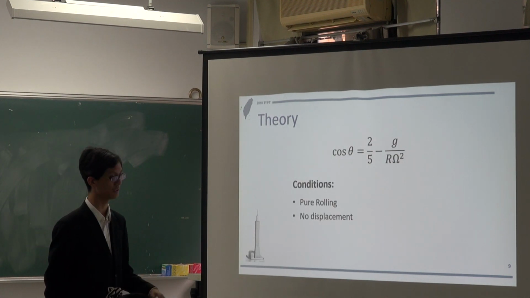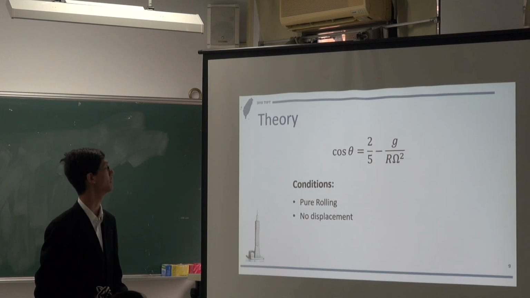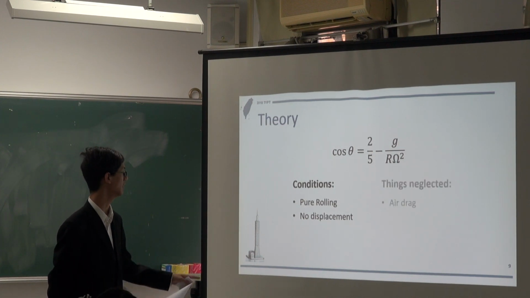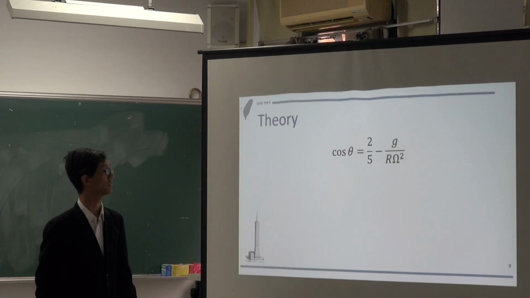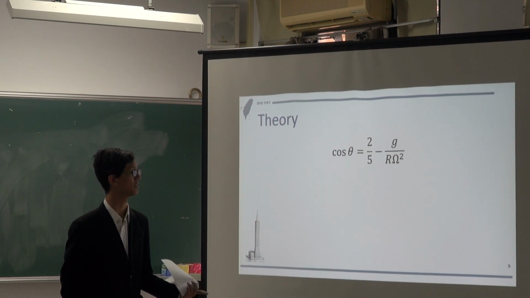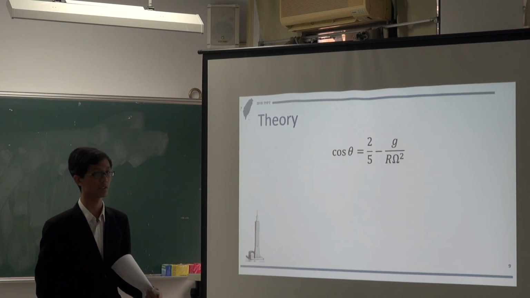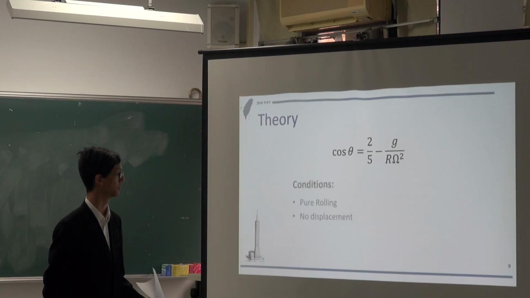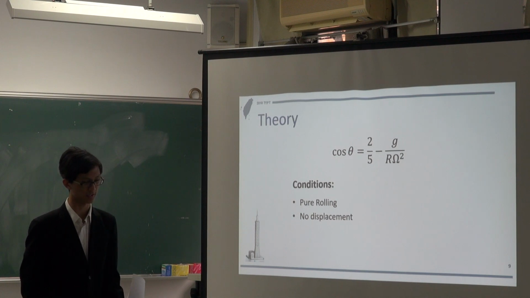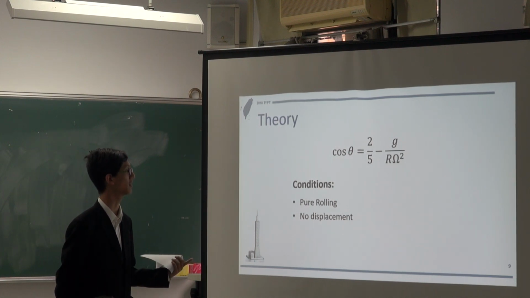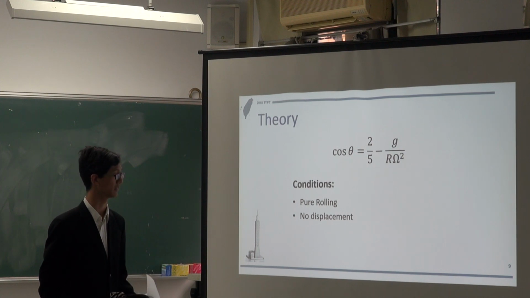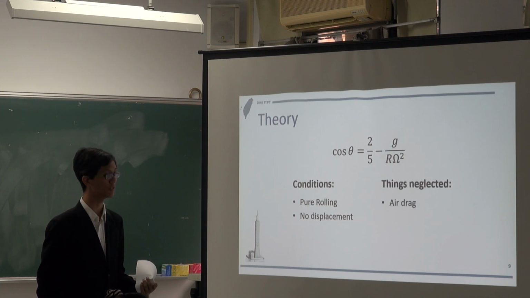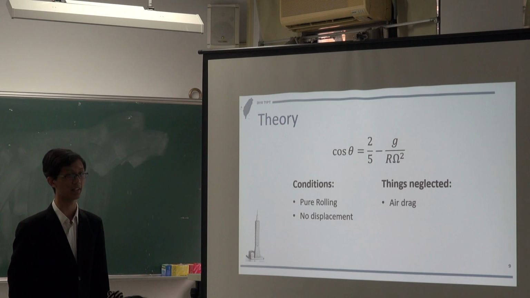And after simplifying it, our theory is that cosine theta is 2/5 minus g over r omega to the power of 2. The condition for this theory is that it is pure rolling and there is no displacement, as we observed. And the thing we neglected is the air drag.